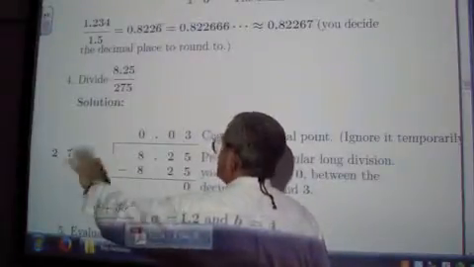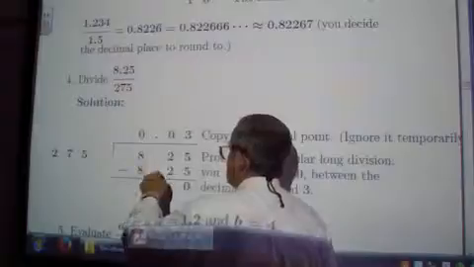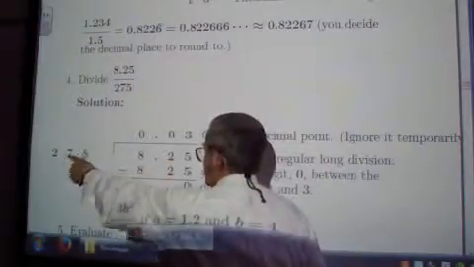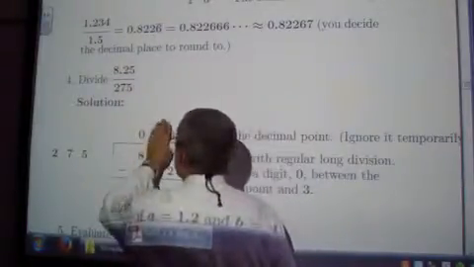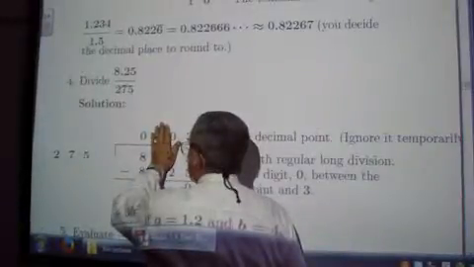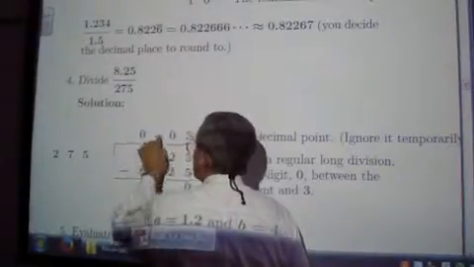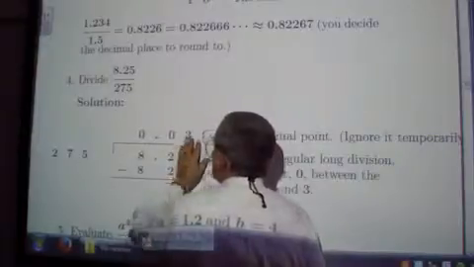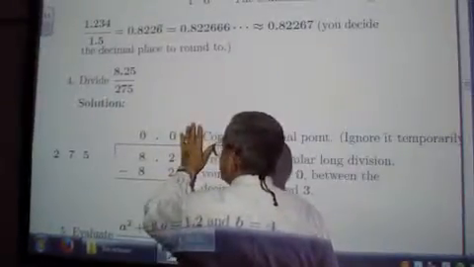Yeah, that's 275. There's no decimal in it. I got confused for a moment because I saw a decimal here and I was thinking of that. So how often does 275 go into 8? It doesn't. The decimal point is reproduced in the same position. How often does 275 go into 82?